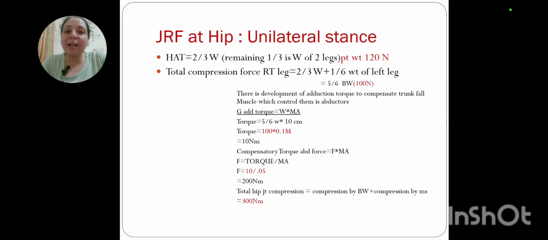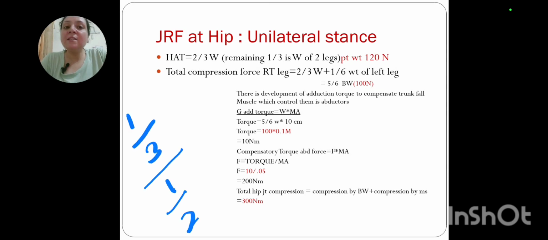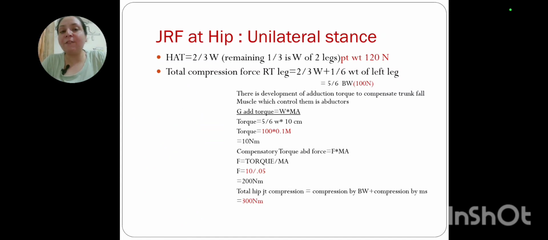Now the right leg is weight bearing, and the 1/3 is divided by 2, and it comes out to be 1/6. 1/3 is for both the legs, so if the right leg is weight bearing, it is taking the weight of the left leg also.